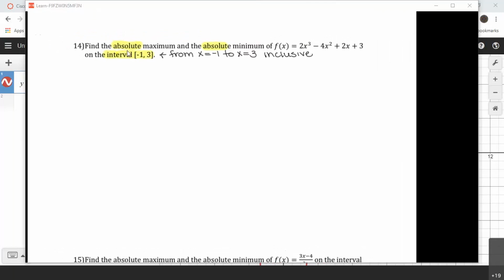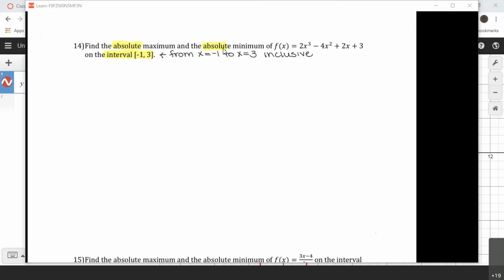If they left off the interval, let me ask you a question. This is a cubic equation. From what you know about what cubic equations look like, if there were no interval given, would f of x have absolute maxes and mins?